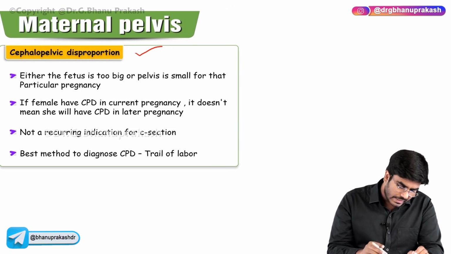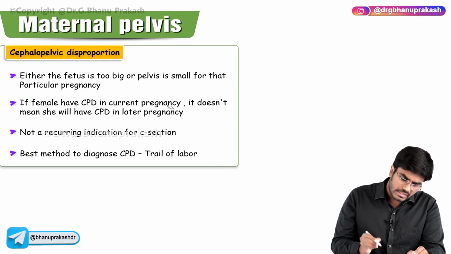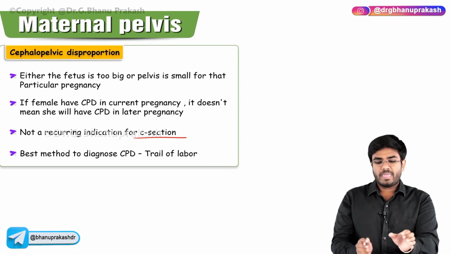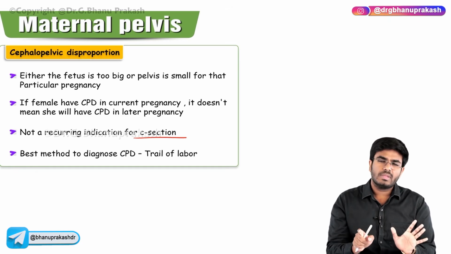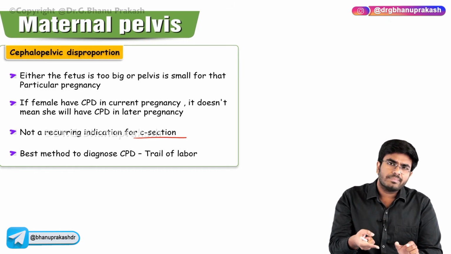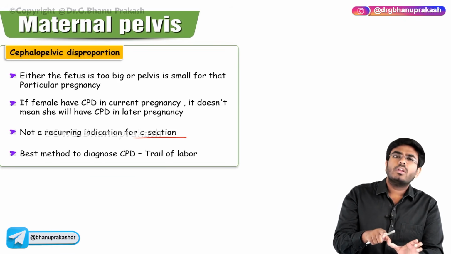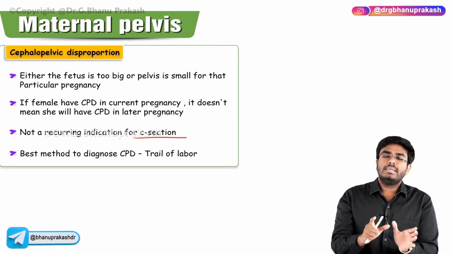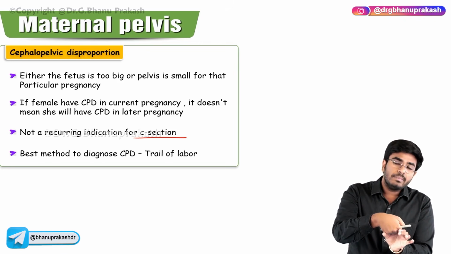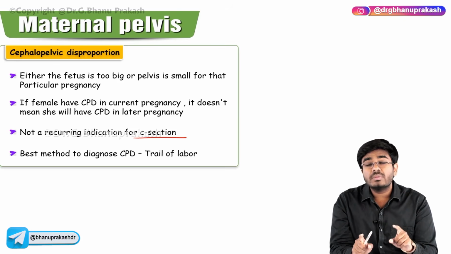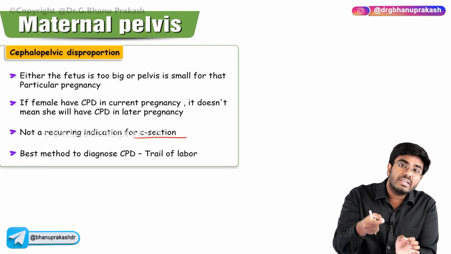So, an important point: is cephalopelvic disproportion a recurrent indication for C-section? Now remember, if there is cephalopelvic disproportion in this particular pregnancy, yes, you have to do the C-section for sure. But what about the next pregnancy? In the next pregnancy also does she have to go with the C-section? Not necessarily. What I am trying to put into your mind is, if there is cephalopelvic disproportion this time, next time it can be there, or it may not be there.